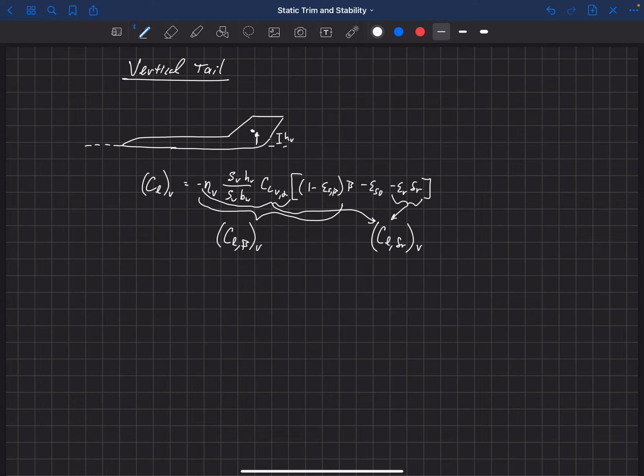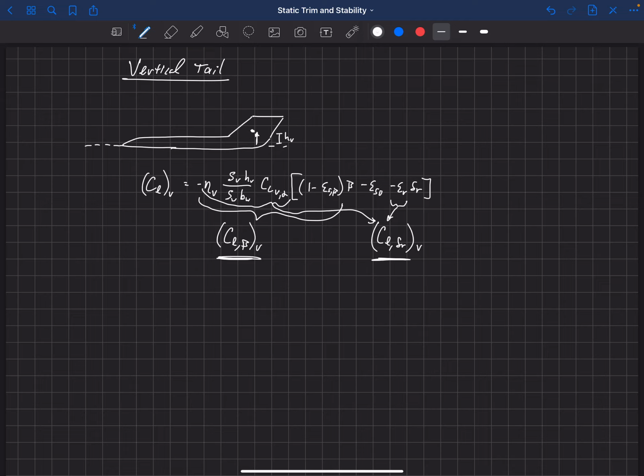Okay, so you take those two, the stuff out front, multiplied by the epsilon r. Actually, it's just the epsilon r, not the delta r, technically. So let me just fix that there, because we've taken the derivative with respect to delta r. Anyway, so this is our roll stability derivative due to the vertical. This is our roll control derivative, or our influence on roll due to a rudder deflection.